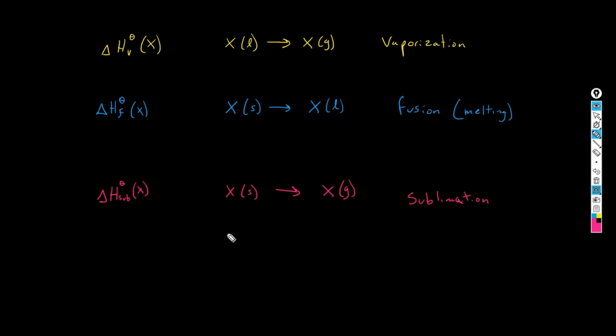So if it was carbon dioxide, delta H of sublimation, standard of CO2, then that would just be CO2 solid turning into CO2 gas, and the energy change associated with that process. And again, it's 1 mole to 1 mole, because whenever we deal with physical changes, it's going to be 1 mole to 1 mole.